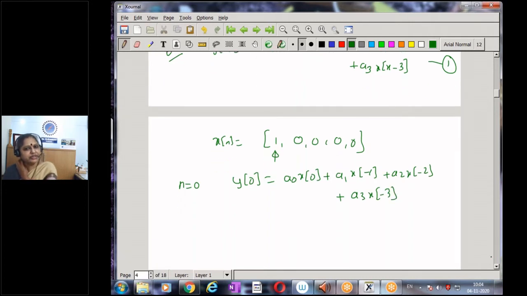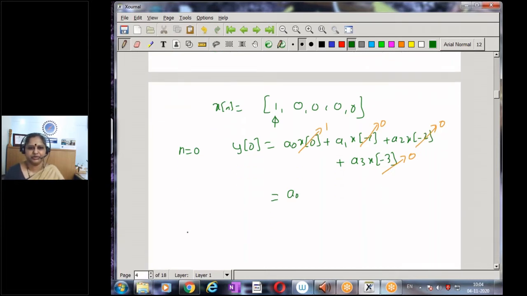Because in this example we are arriving at the impulse response, x of 0 is 1 and all other values are 0. So all these terms tend to 0 and this tends to a0 into 1. So y0 is a0.